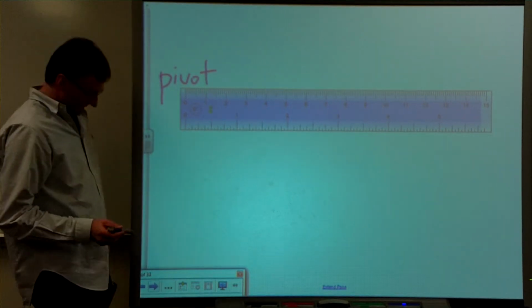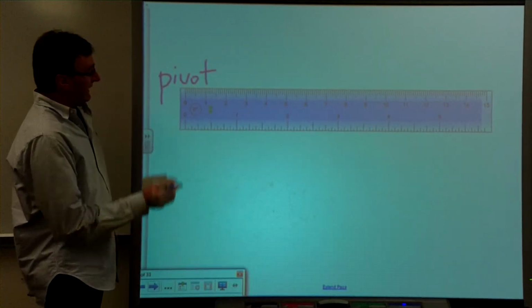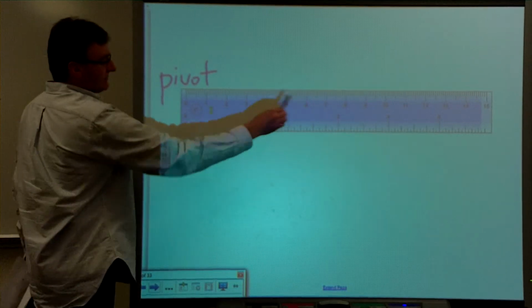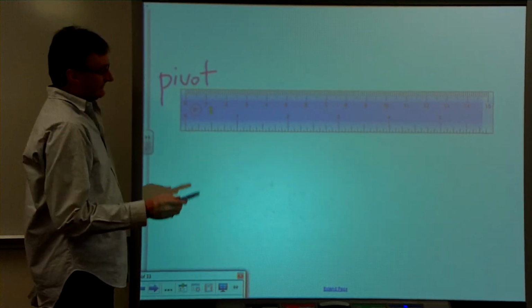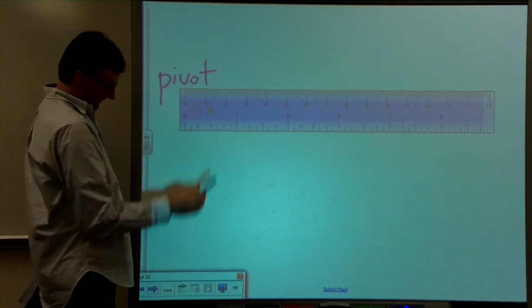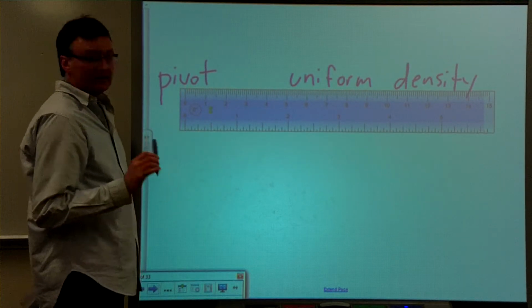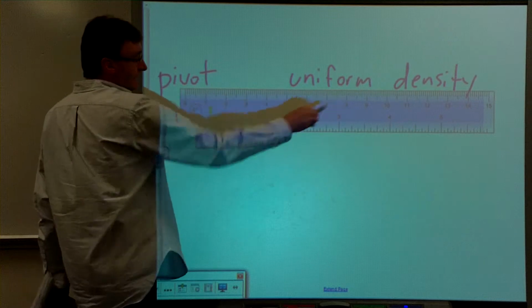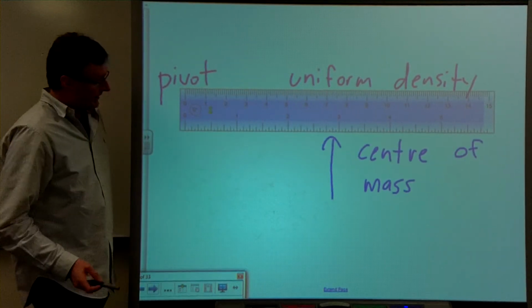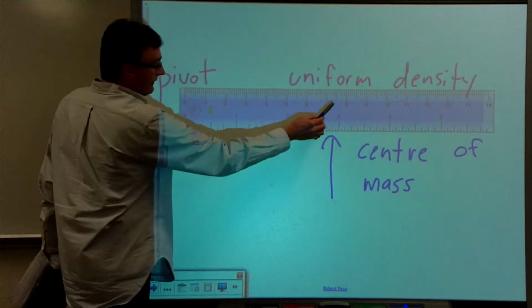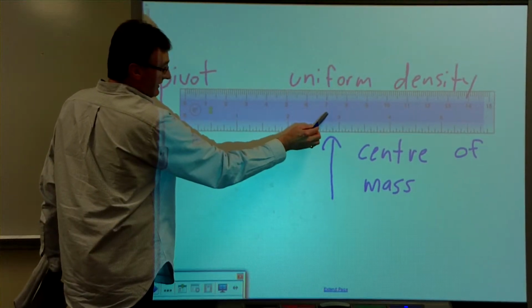Just a couple more things that we need to look at. Here's a case where, let's say you just have an object and its pivot point is down here. And as long as it's of uniform density, then we can consider it to have its center of mass right here.